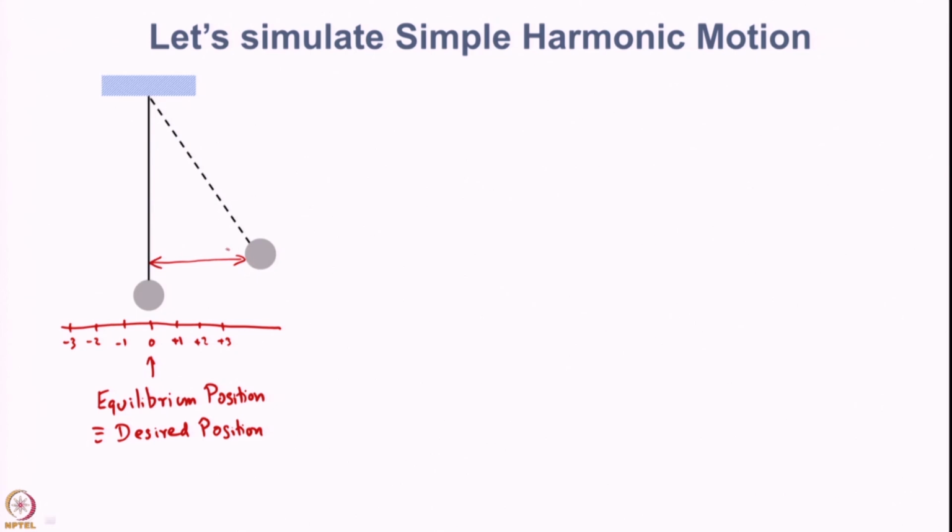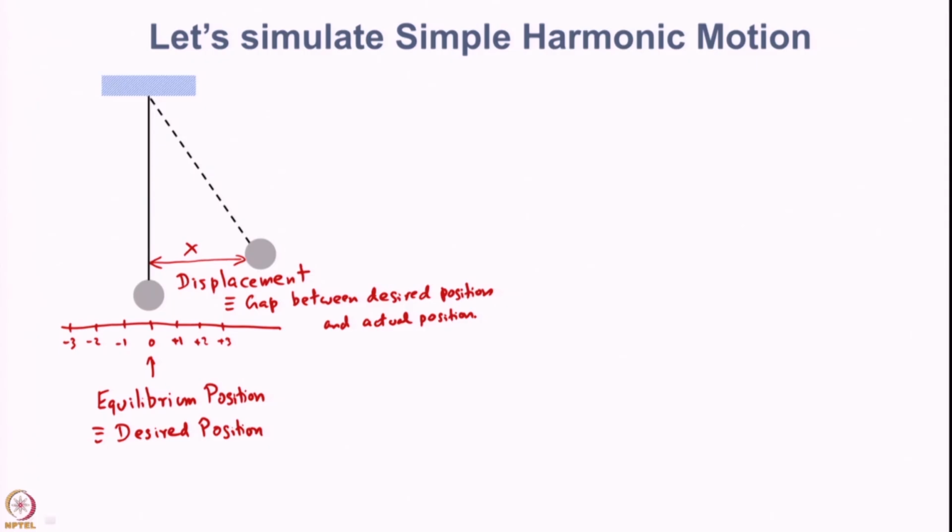we get, let us denote this distance as, say, x, which is nothing but the displacement, or rather the gap between the desired position and the actual position.